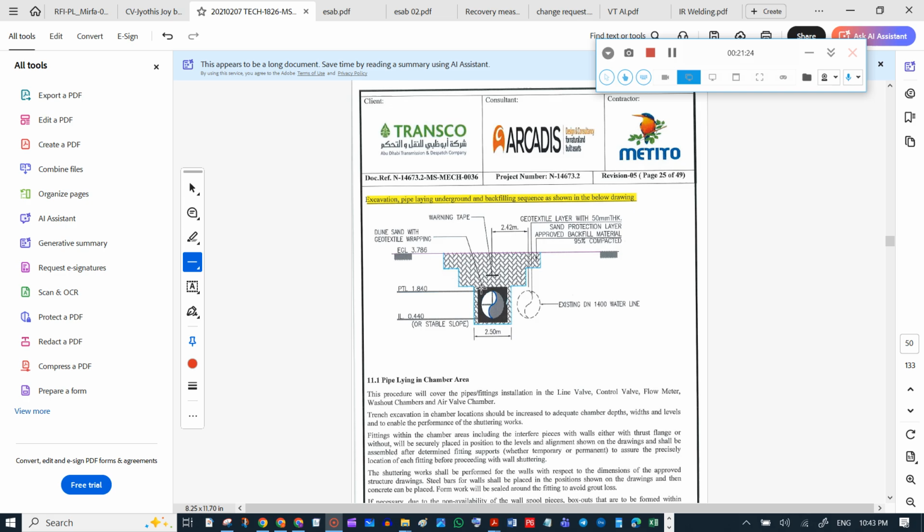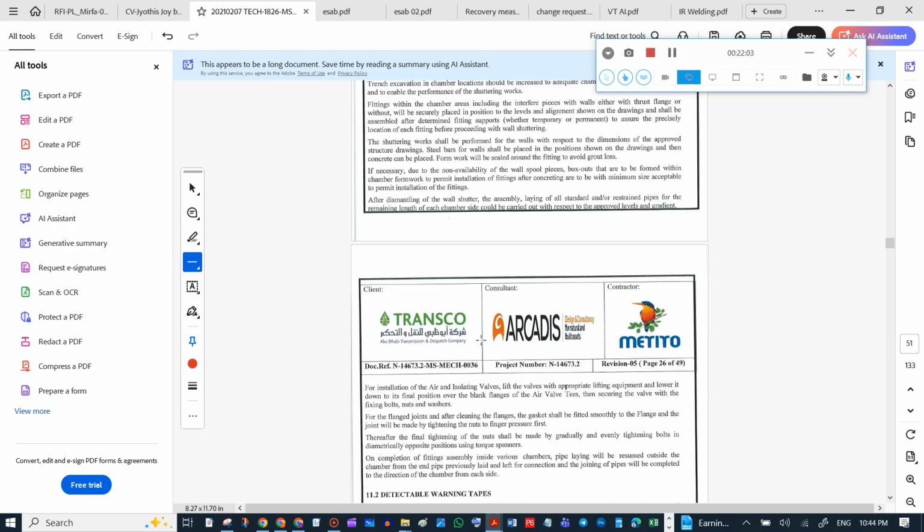We are providing dune sand with geotextile wrapping for the pipe surround, and this material is approved backfill material, 95% compacted, warning tape, geotextile layer with a 50 mm thickness sand protection layer. It is provided here actually. Now this one we will discuss during excavation again.